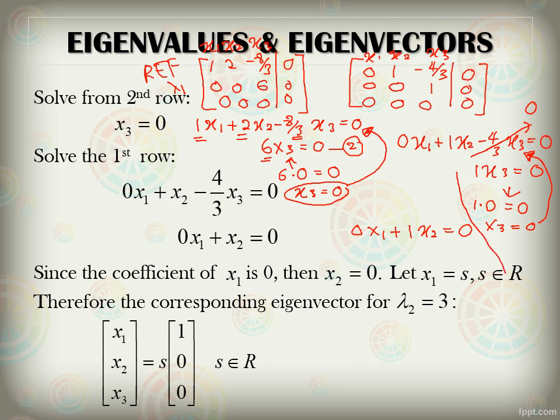So here we have an equation like this. If you look at this, x1 and x2 can represent any scalar so that this will become 0. Here the coefficient of x1 is 0.